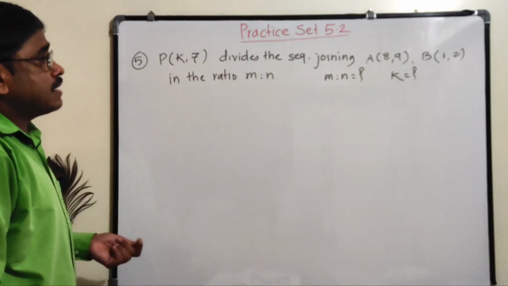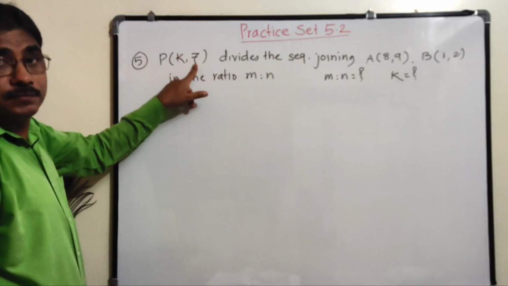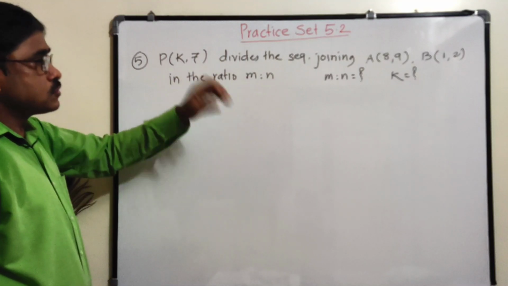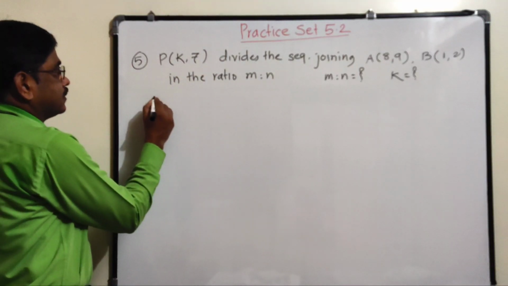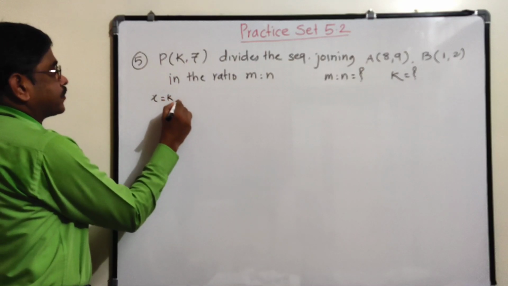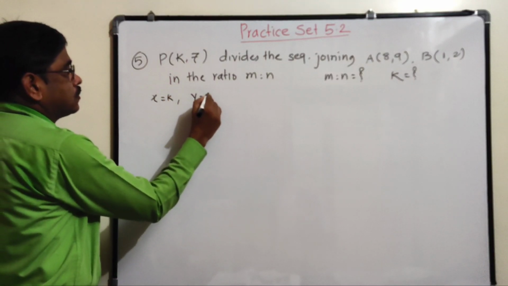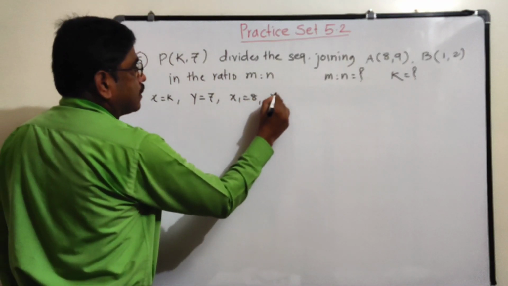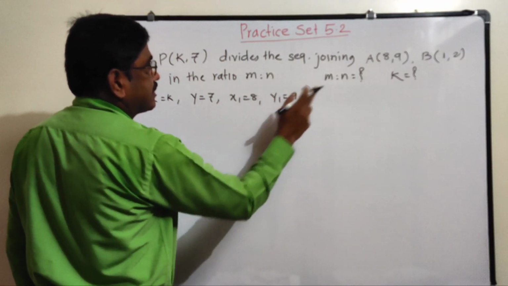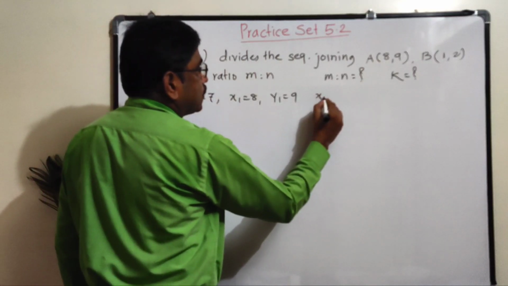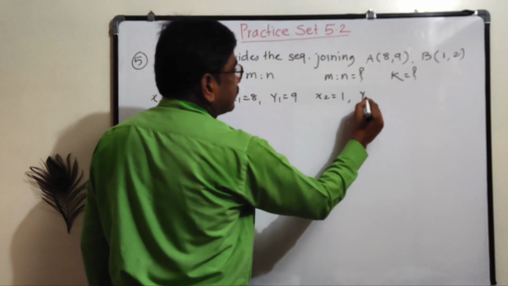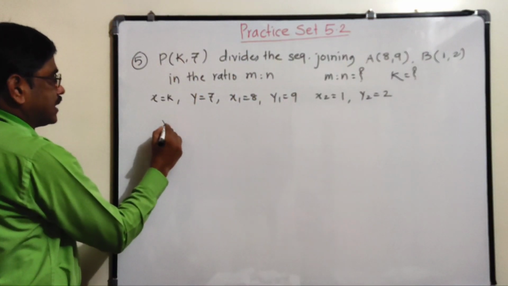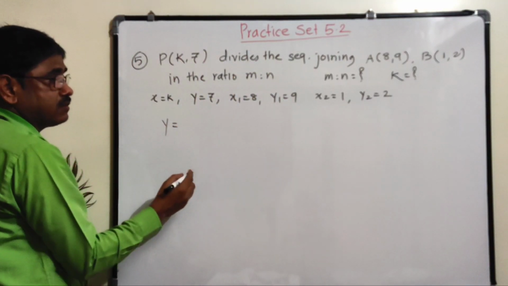So how will we get m is to n? Y coordinate is given here, x coordinate is k, but y coordinate 7 is given. So use the formula for y coordinate here. X is equal to k, the coordinate y is equal to 7, x1 is equal to 8, y1 is equal to 9. x1, y1 coordinates of A, x2, y2 coordinates of B. Now the y coordinate is given 7, so write the formula for y coordinate by section formula.